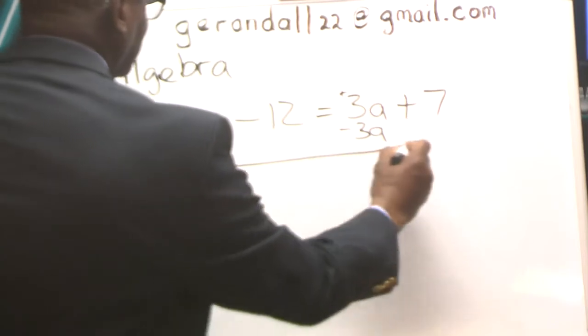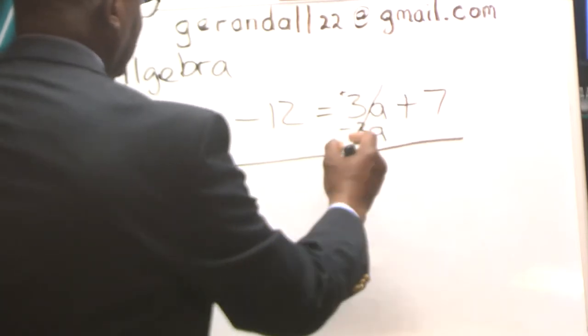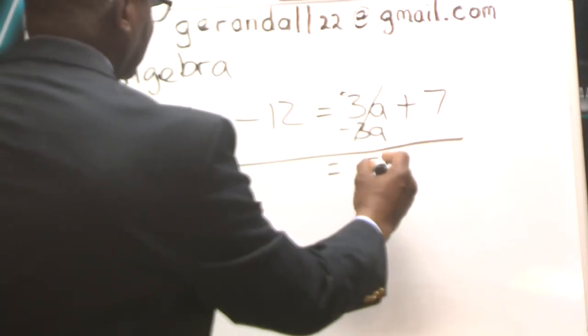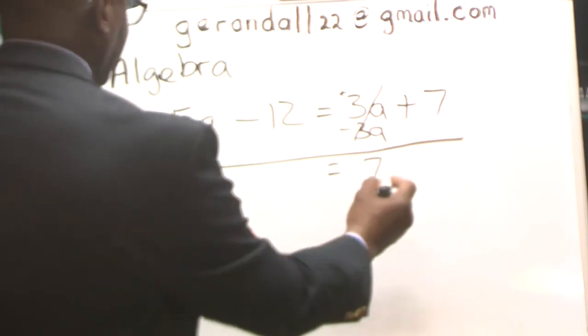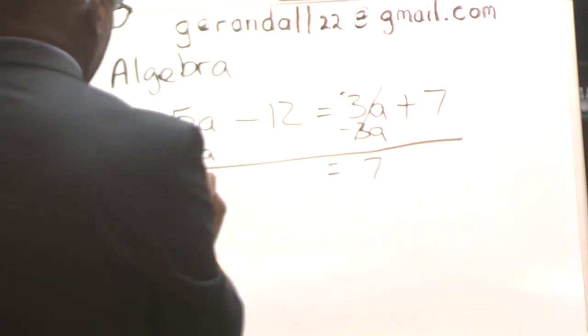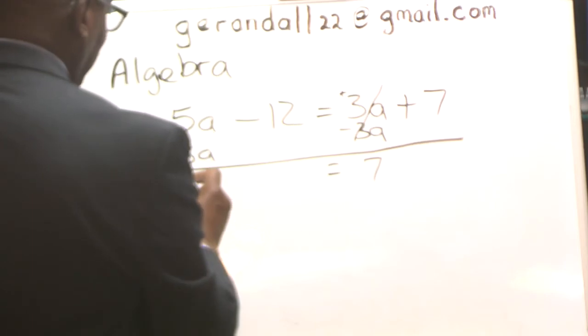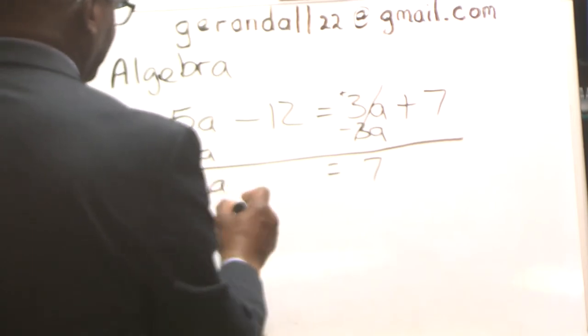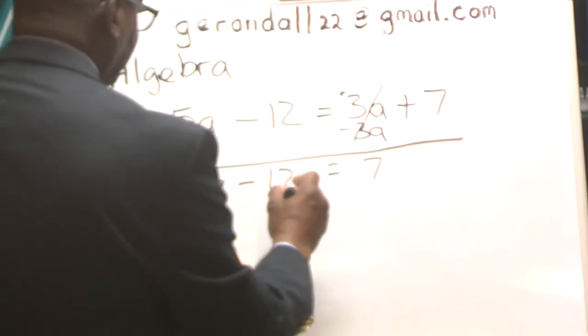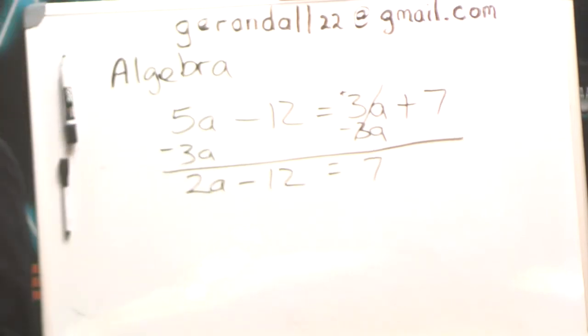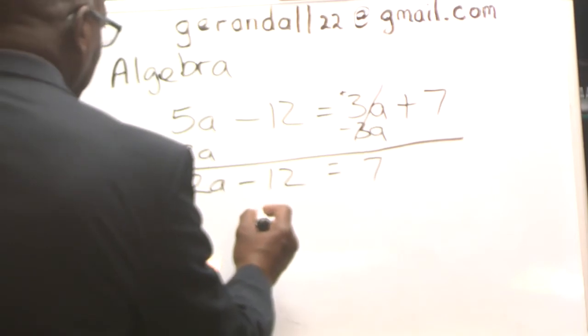We draw a line. This is gone, so we're left with 7. And over here, we've got, that says 5 minus 3, which is 2a. Subtract 12 equals 7. Can't stop there.